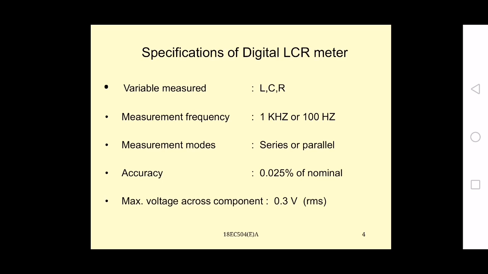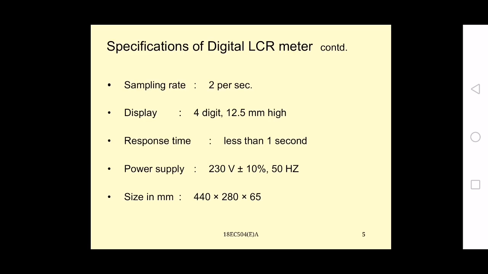The measurement frequency is either 1 kilohertz or 100 hertz, and the measurement modes are series or parallel. Accuracy is 0.025% of the nominal values, maximum voltage across component is 0.3 volts RMS, the sampling rate is 2 per second, and the display is 4 digit, 12 millimeter high.